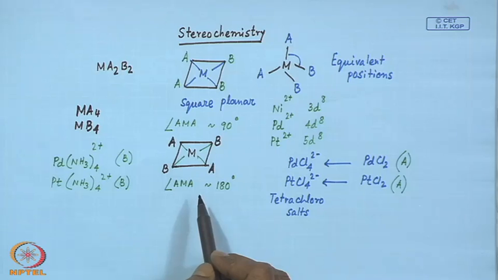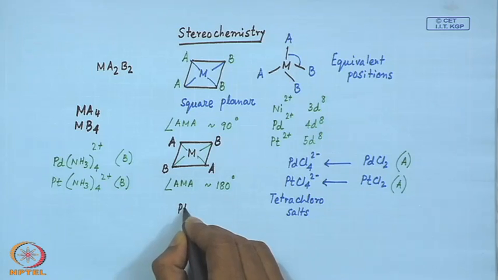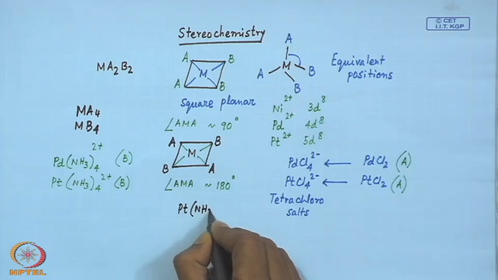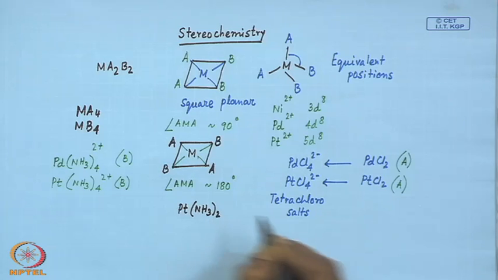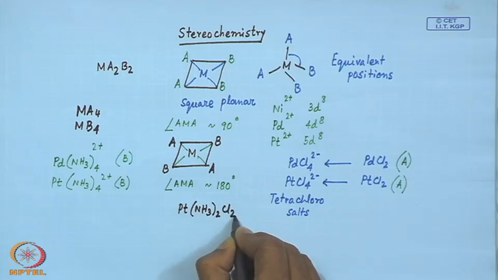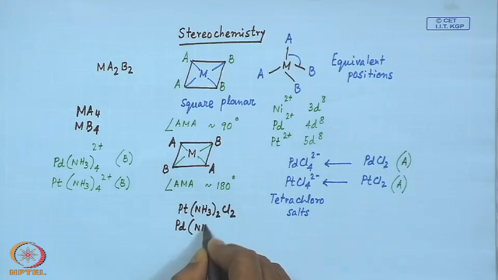And if by some synthetic procedure we can go from this species to some intermediate formation of MA2B2 type of compound, such that for platinum we can have MA2B2 where A2 is the Cl2 compound. Similarly, we can have it for palladium also.